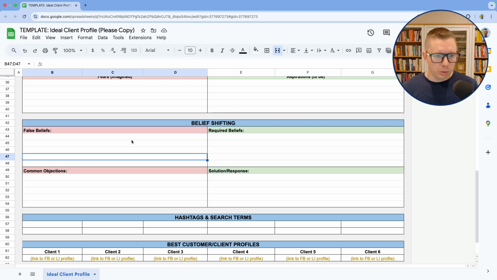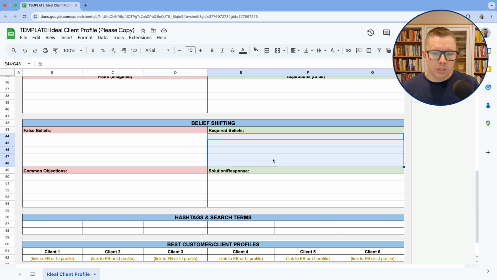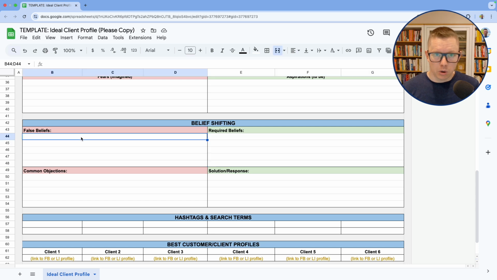False beliefs are things that they believe to be true that are holding them back from achieving their desired outcome. And a required belief is typically the inverse of a false one. I'll use the example of public speaking training again because I'm familiar with that market. A common belief in the world of public speaking is that it's a natural talent, a natural charisma, and it can't be learned.